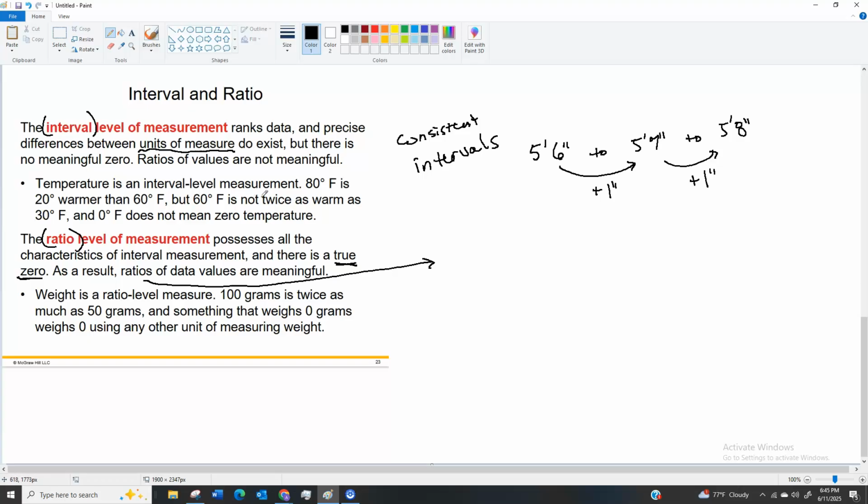So if you say 80 degrees Fahrenheit is definitely 20 degrees warmer than 60 degrees Fahrenheit, but you can't say 60 degrees is twice as hot. 60 degrees is not 2 times as hot as 30 degrees.